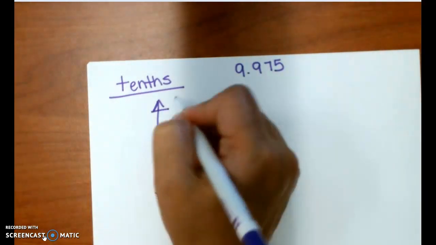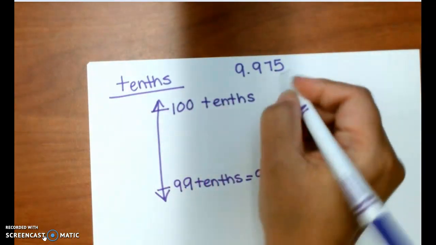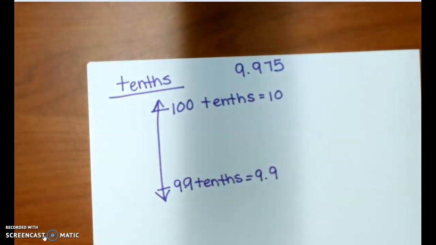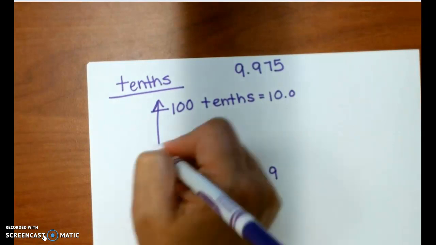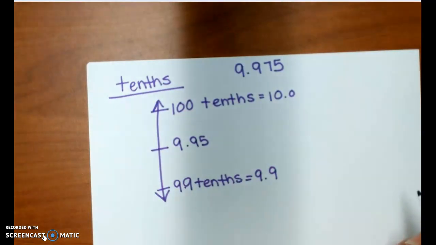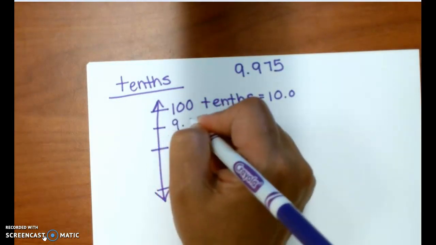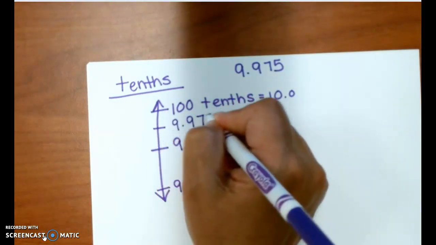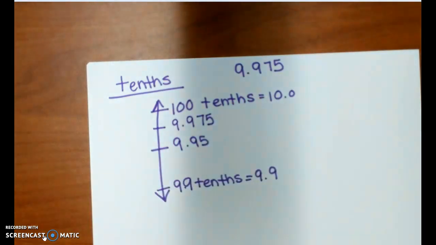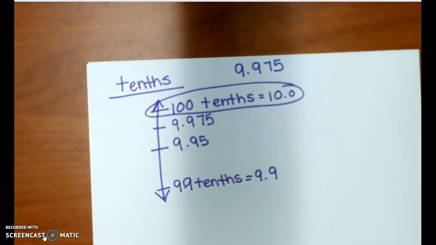What's 1 more than 99? 100, which equals 10. Now, what's halfway between 9 and 9 tenths and 10? 9 and 95 hundredths. This number, my number that I'm rounding, would go here. So what's it going to round to? Again, it's going to round to 10. It's closer to 10 than it is to 9.